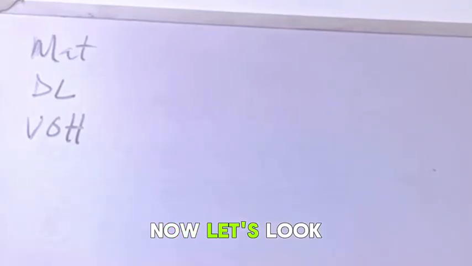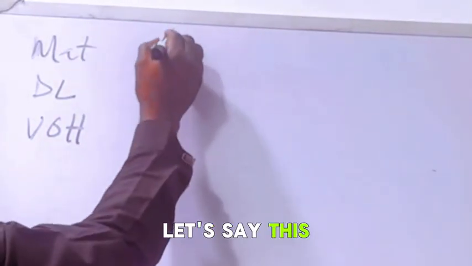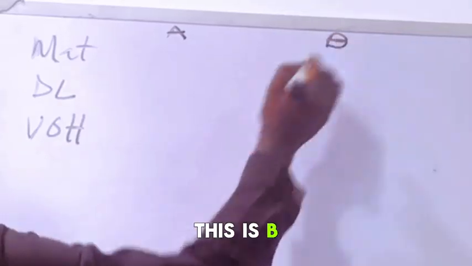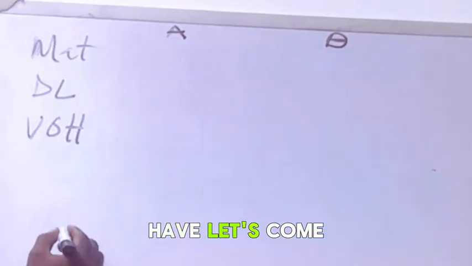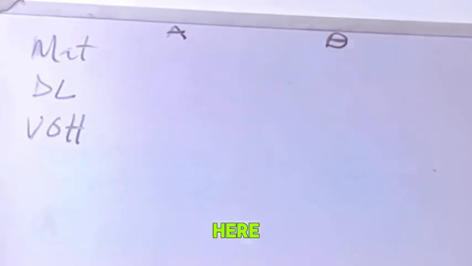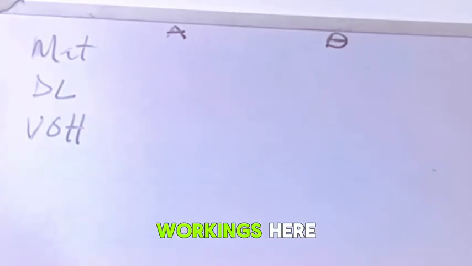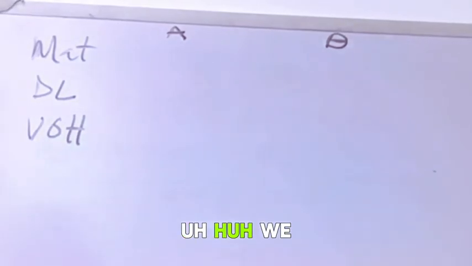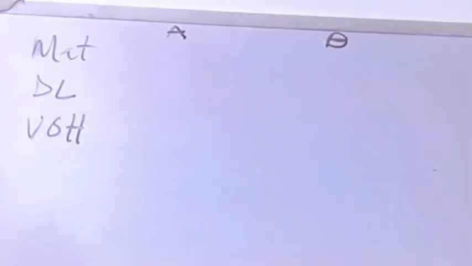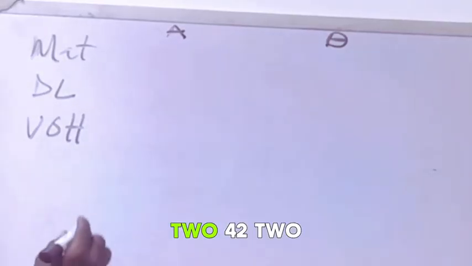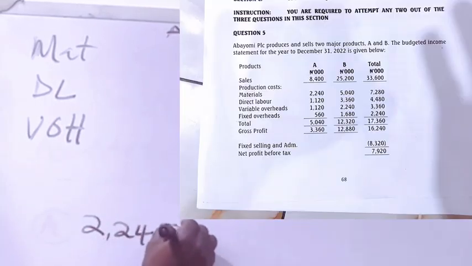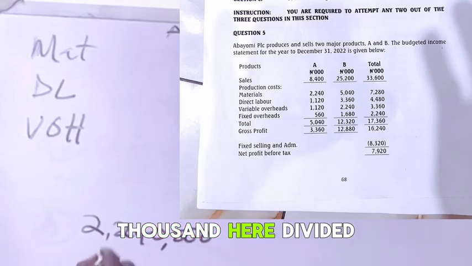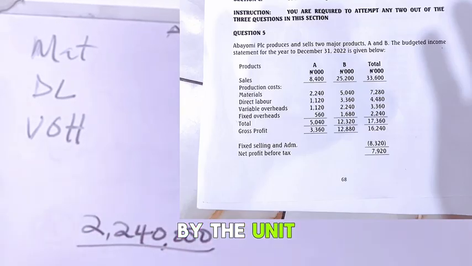Good. Now let's look at material for A. Let's say this is A and this is B. For materials, what do we have? Let's come down to do our workings somewhere here. We can clean this. So for materials, we have 240,000 here, divided by the unit of production.